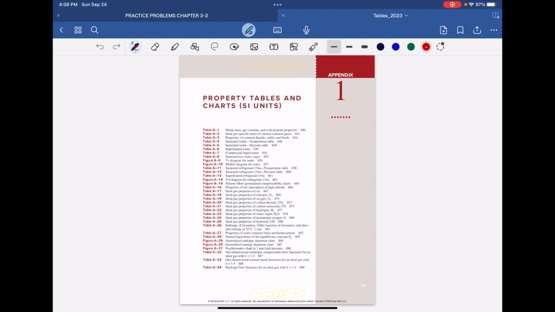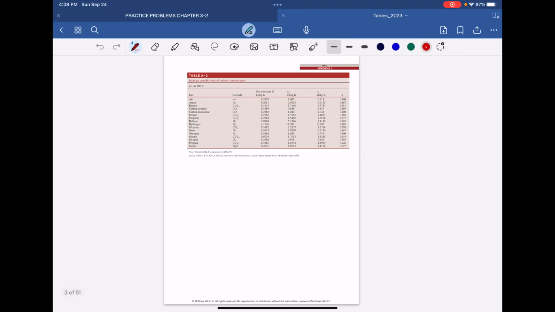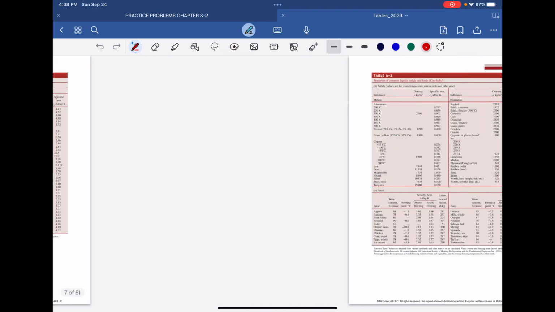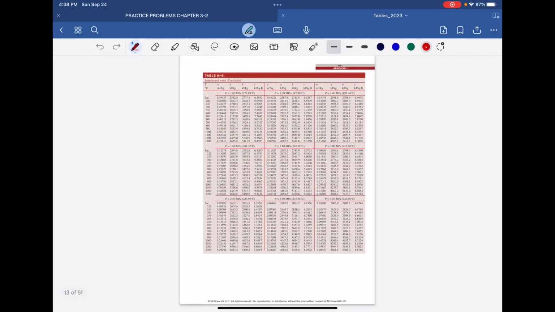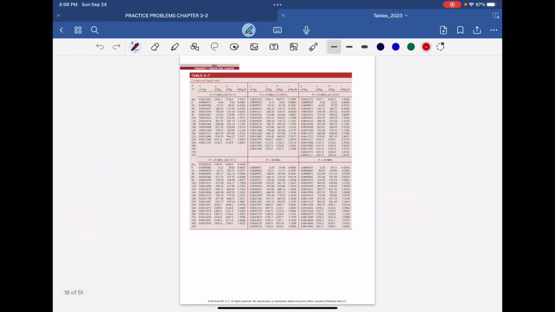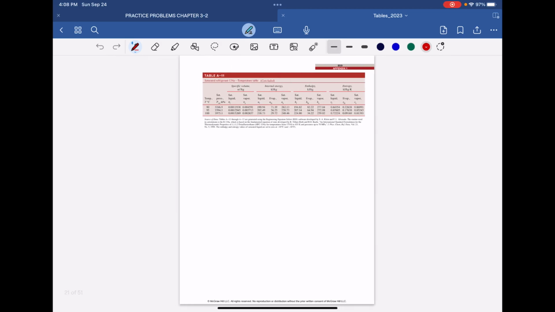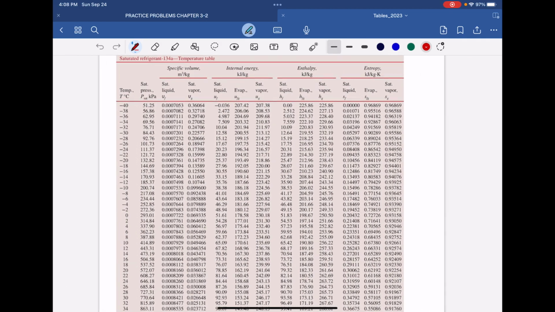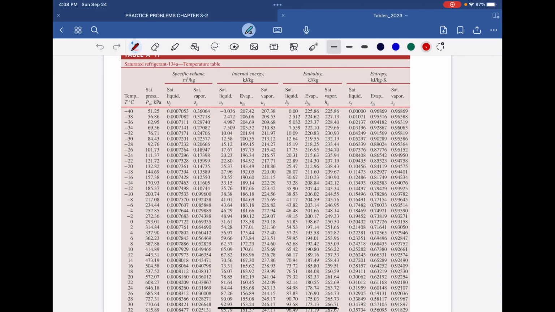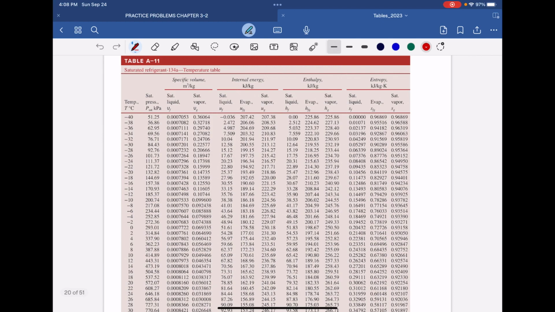Okay, so the tables, refrigerant for minus 30, right? I'm sorry, it's going to take us some time to find the right page. Okay, so refrigerant tables, we are looking at minus 30.